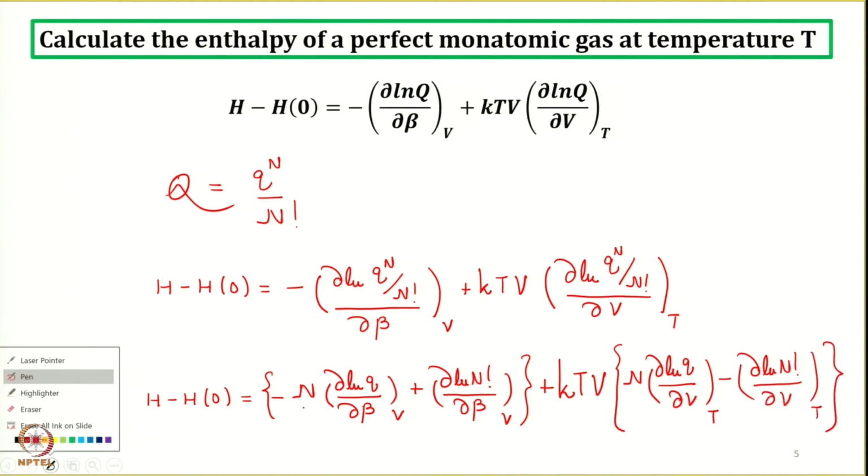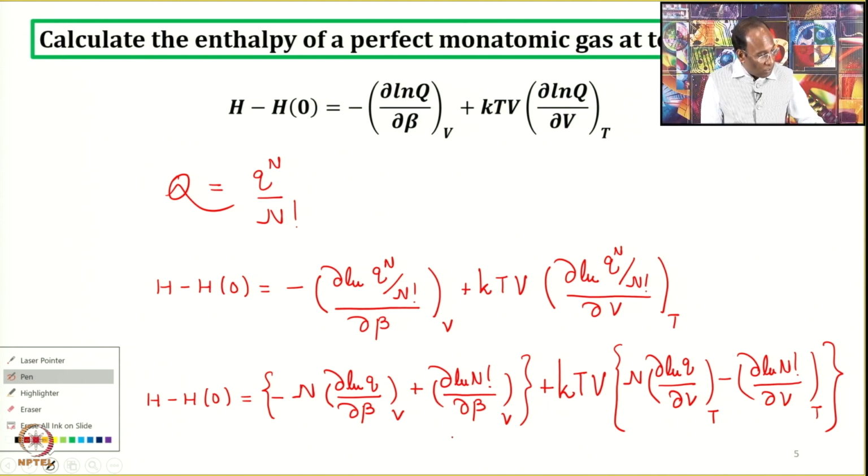This n is coming over here, a negative sign is already there, del log q with respect to del beta at constant volume, and since n is in the denominator, minus minus becomes positive, therefore partial derivative of log n factorial with respect to beta at constant volume. Similarly, in the second one, kTV and del log q by del V at constant T minus partial derivative of log n factorial with respect to volume at constant temperature.